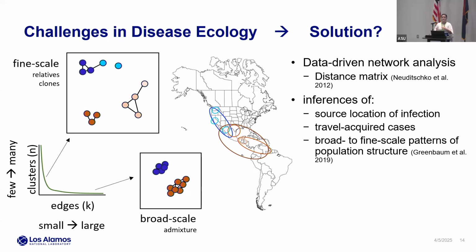Then, reducing the number of edges allowed between individuals, we can identify those fine scale patterns of structure. A small value of K means fewer edges, so it's those stronger relationships such as relatives and clones.